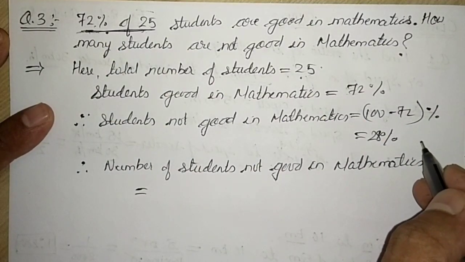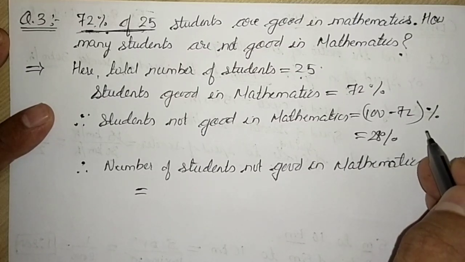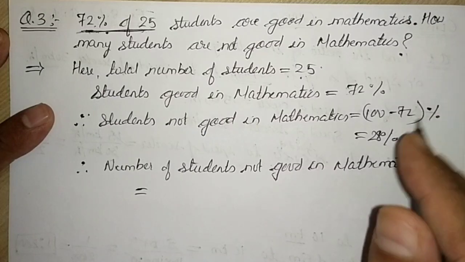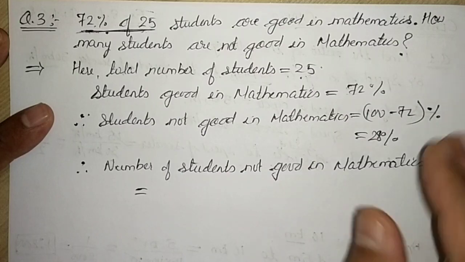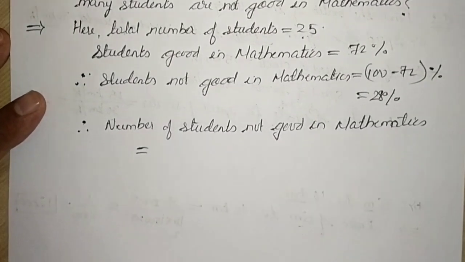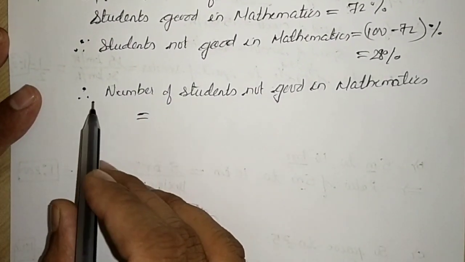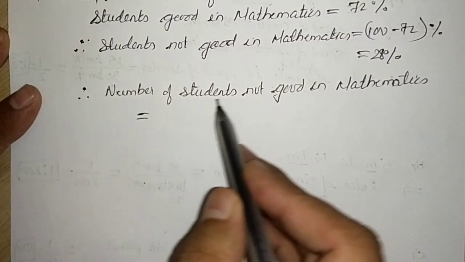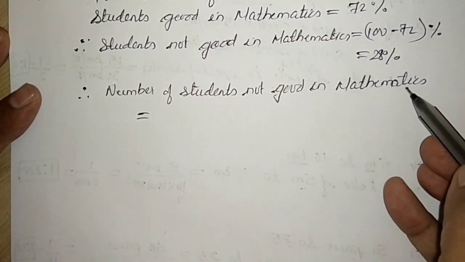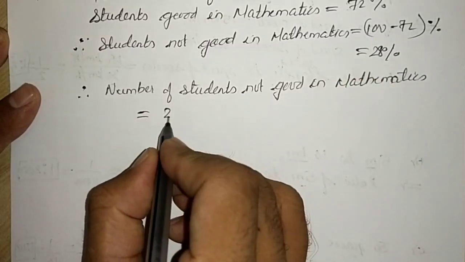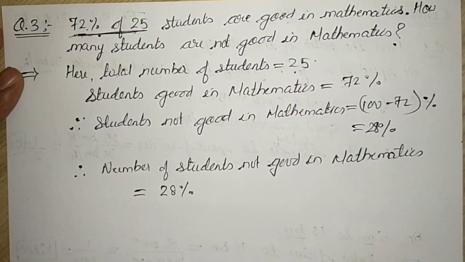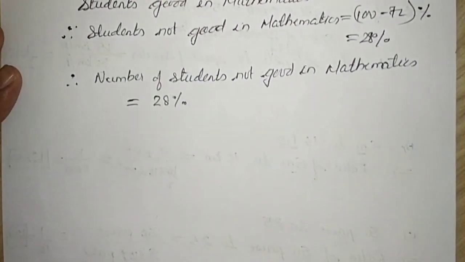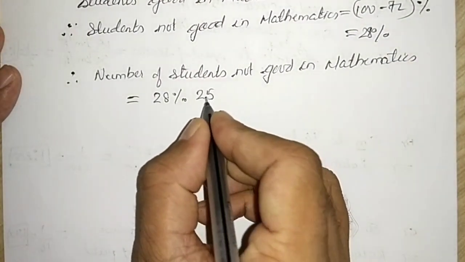But we will not stay over here. We have to give the number of students who are not good in mathematics, which will not be in percentage. So what we will do? We will write the number of students not good in mathematics, which is 28% out of 25 students, because we want to find it out of 25 students.